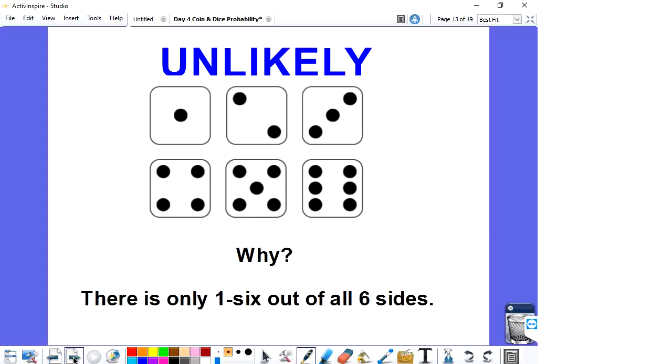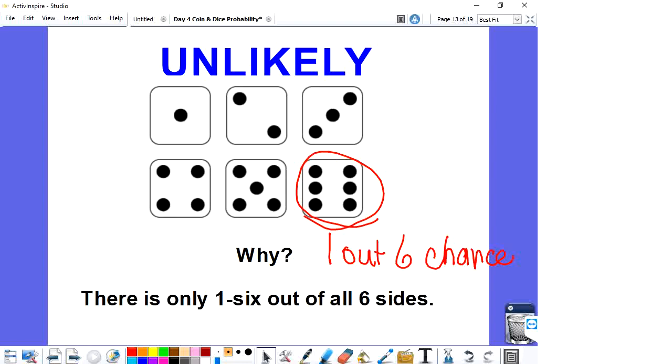It is unlikely that we would roll a 6 on this die. Why? Because there's only one 6 out of all the 6 sides. So you only have a 1 out of 6 chance of getting a 6. That's not very likely, is it? It's very unlikely.